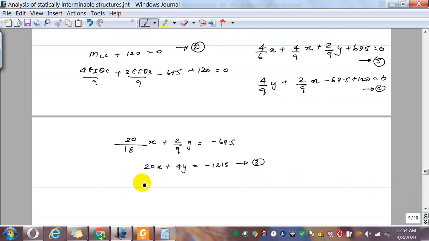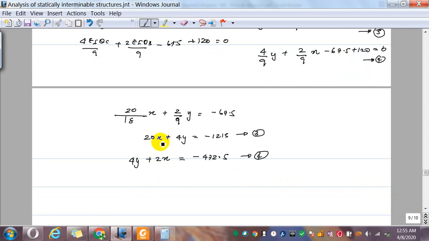Now if you take equation 4, here you have 4y plus 2x is equal to 67.5 minus 120, and multiply that by 9, minus 472.5, that is 4.